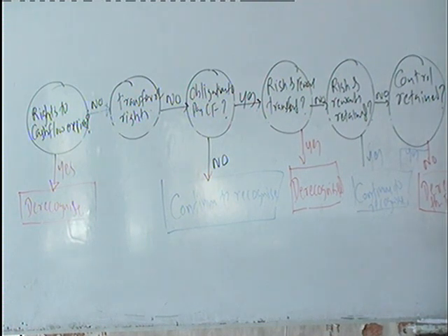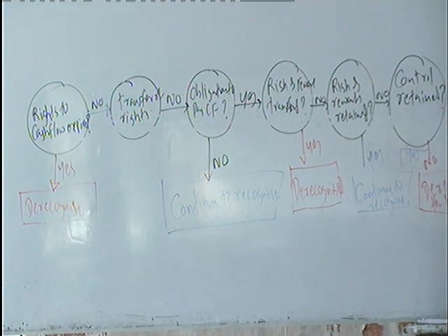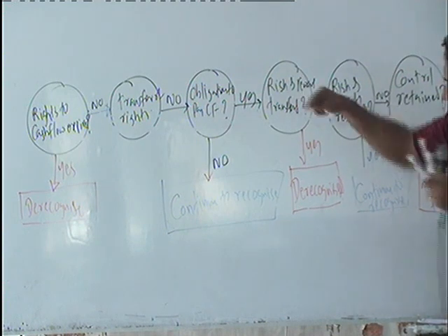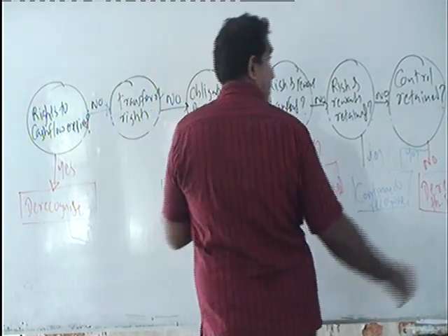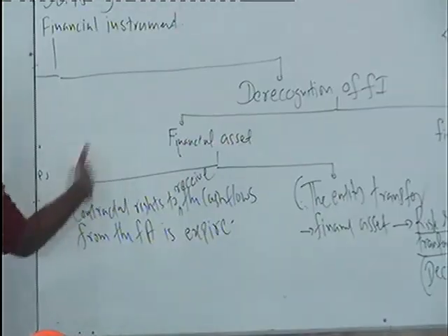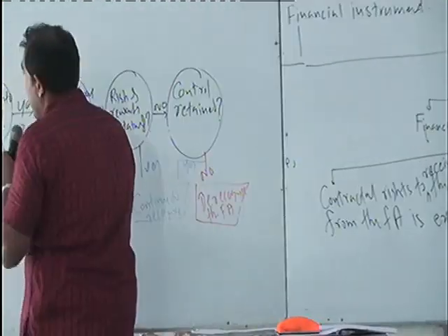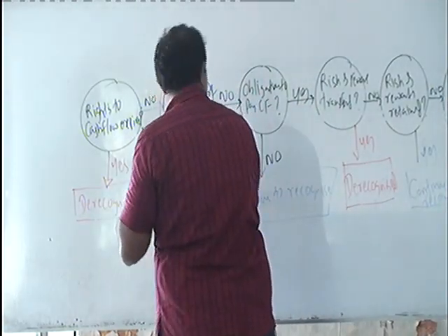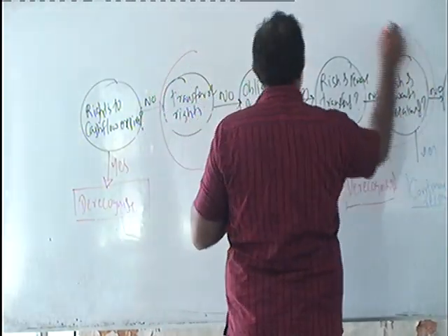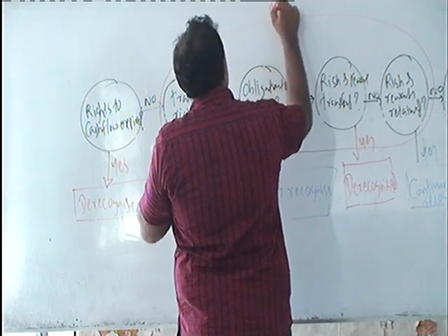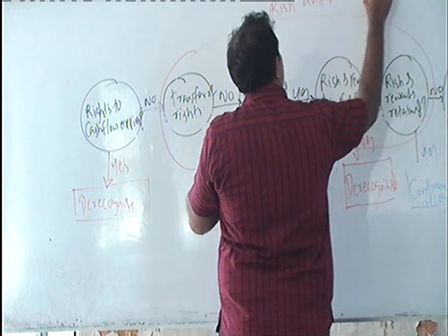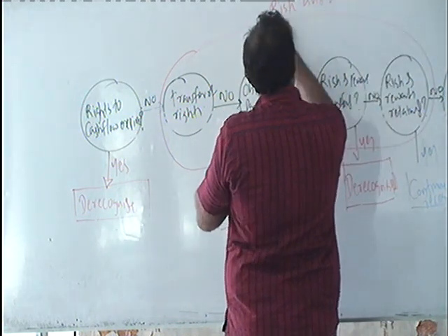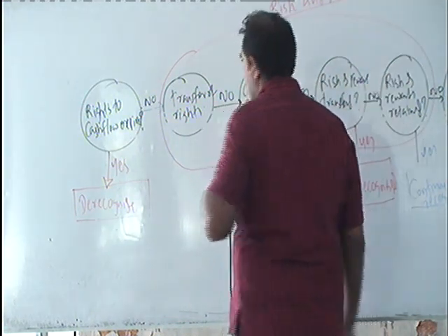Now let me show you. This is the risk and reward test: rights to cash flow expire, from here to here. I hope you understood.